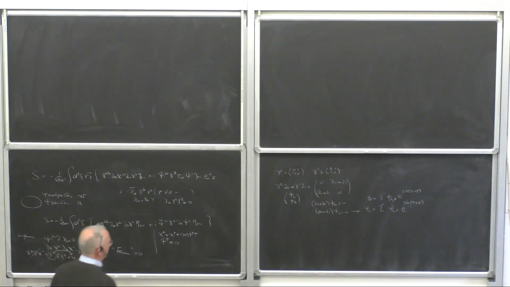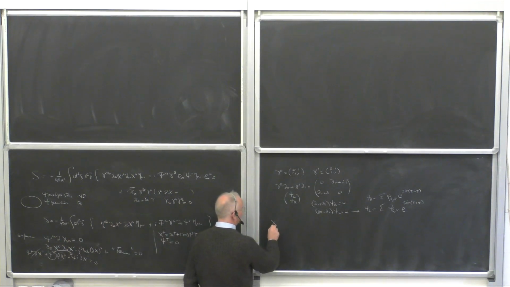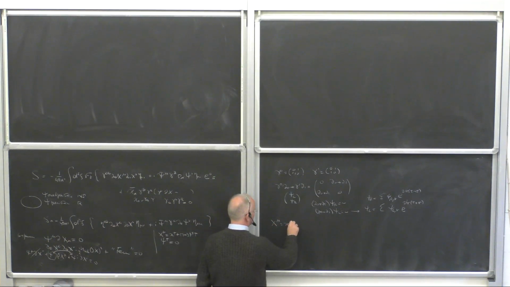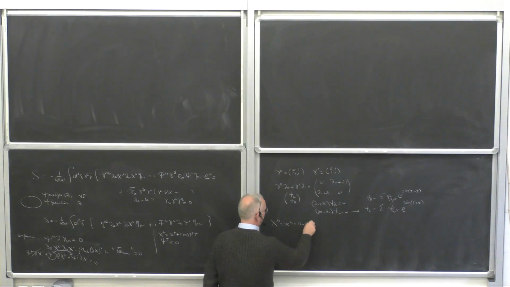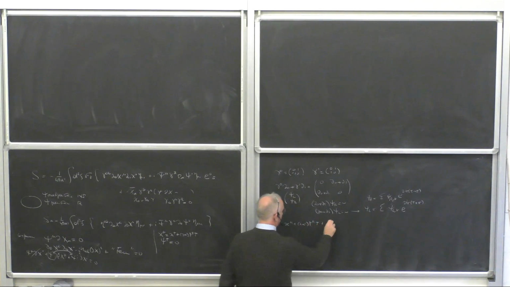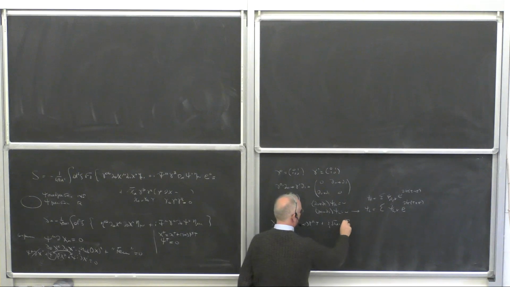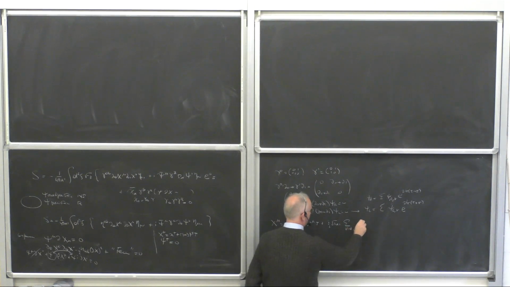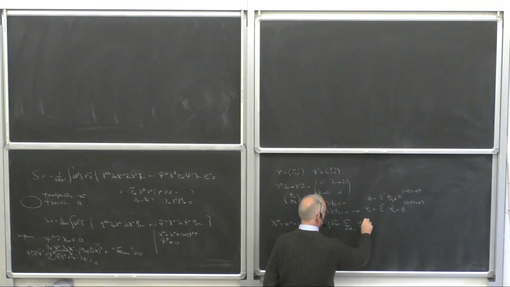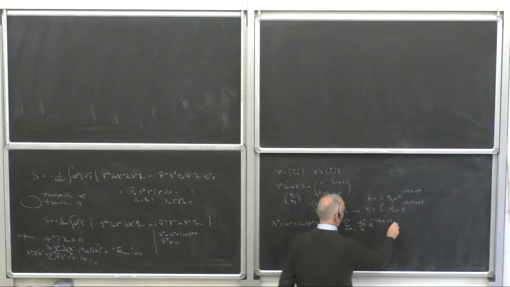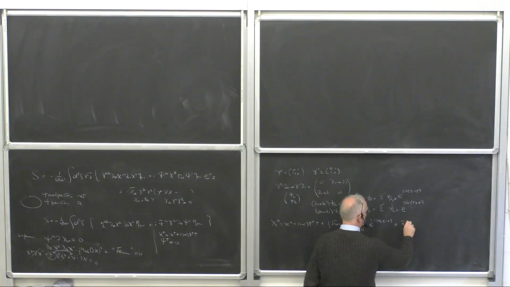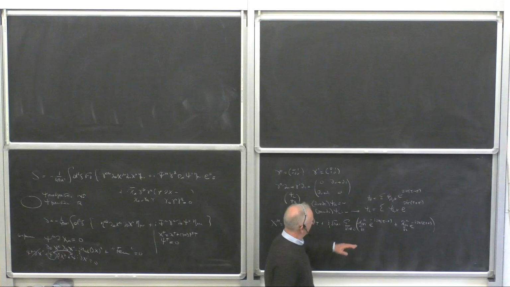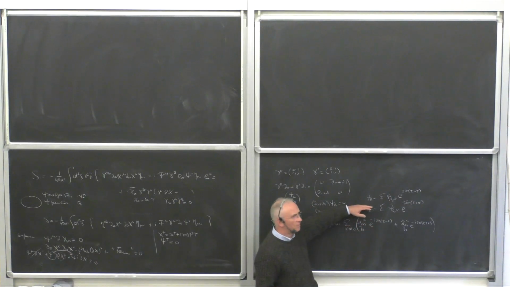For the sake of comparison, recall that x mu is expanded like this. So you see the first difference is that you have two spinor components.